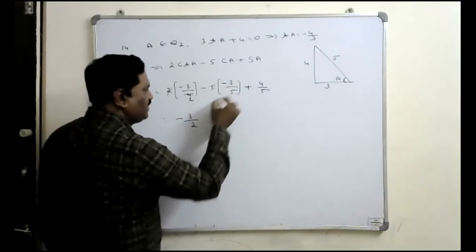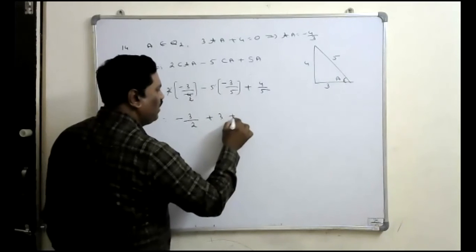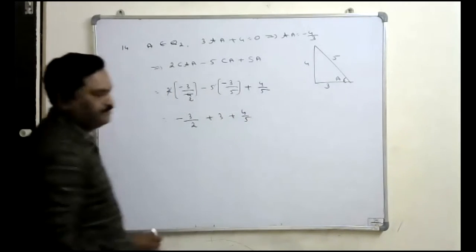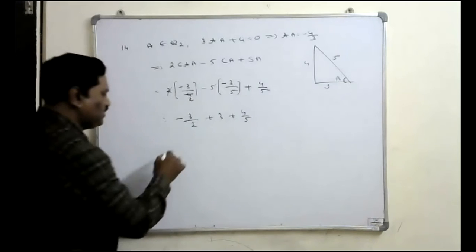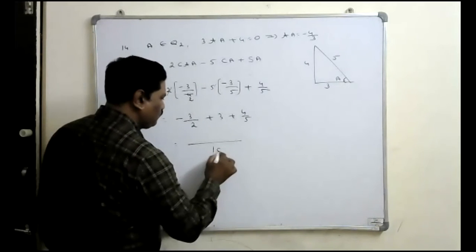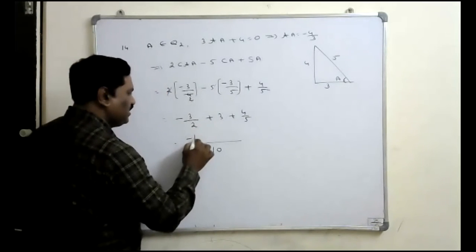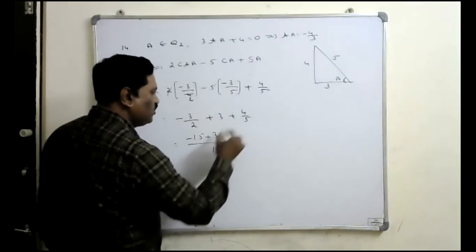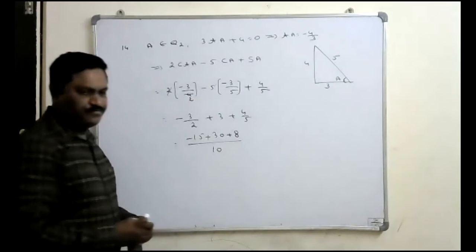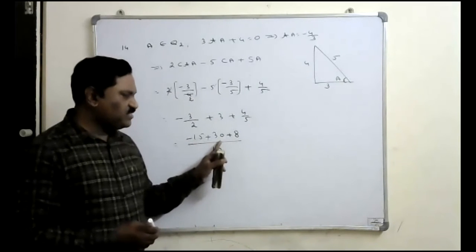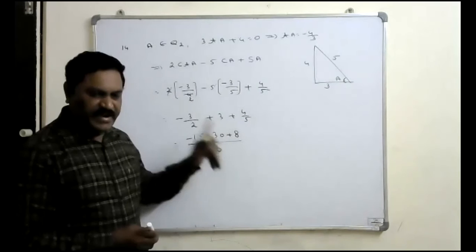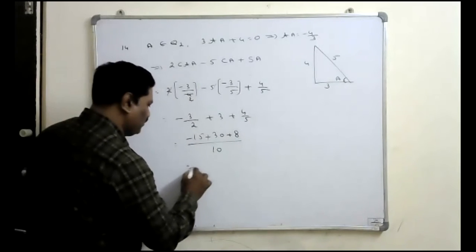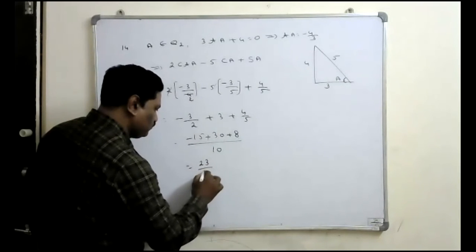Minus 5 times minus 3 by 5, the 5s get cancelled, is plus 3, plus 4 by 5 we will get. Now the LCM is 10. 5 threes are minus 15, plus 10 threes are 30, plus 2 fours are 8. So minus 15 plus 30 plus 8, that is 23 by 10. Answer.